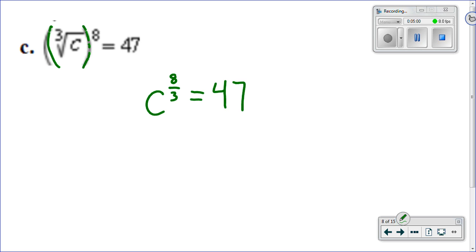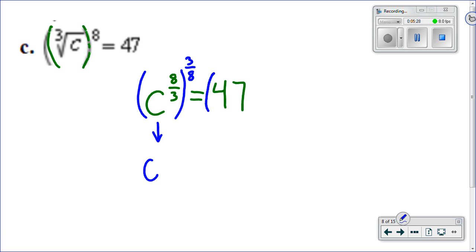So we're just going to do this the first way that we did in the last one. So we know that if we want c to the first power, we're going to raise this to the reciprocal 3/8 because 8/3 times 3/8 is 1. So we have c to the first power. Again, I don't need that first power. I'm just going to say c.